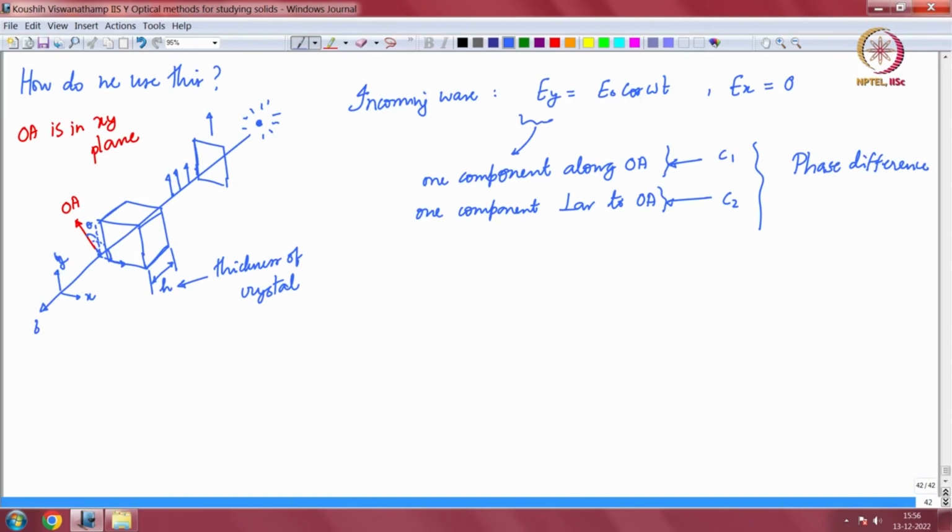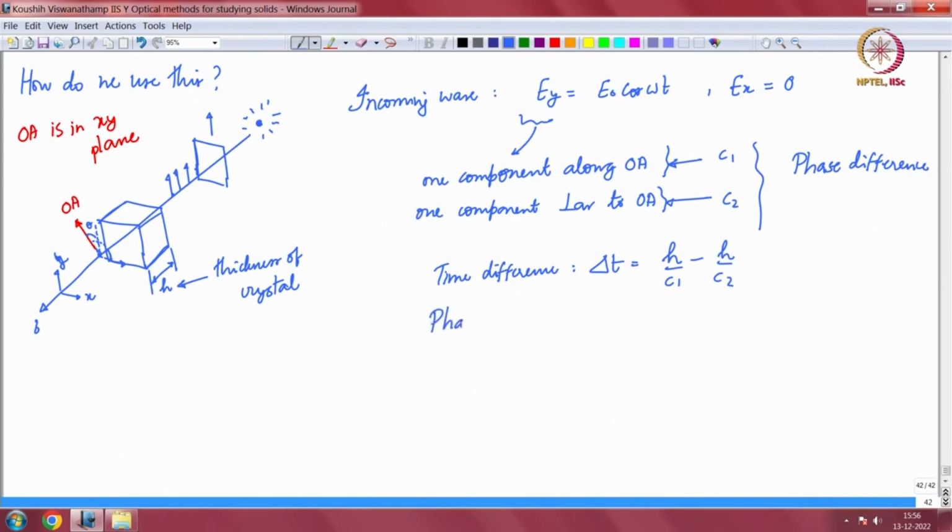And how do we do that? Well, the time difference, which I am going to call delta t, is h by c1 minus h by c2, right. The first wave takes h by c1 seconds to move through the crystal, and the second takes h by c2, right. So the time difference between the two of them is h by c1 minus h by c2.